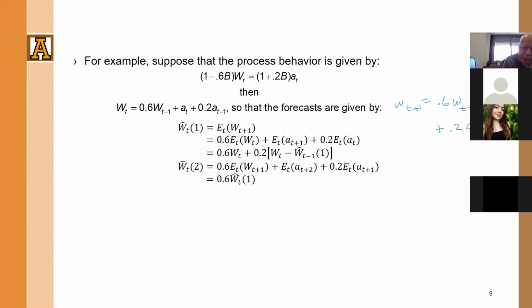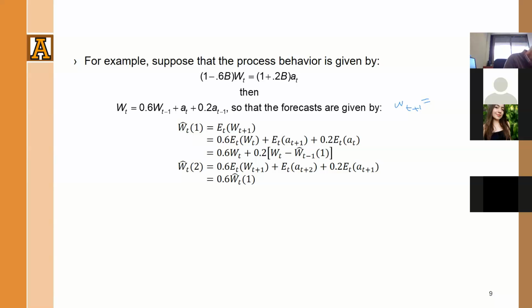I'm sorry, I wrote it wrong here. Sorry about that. I'm erasing this whole thing.